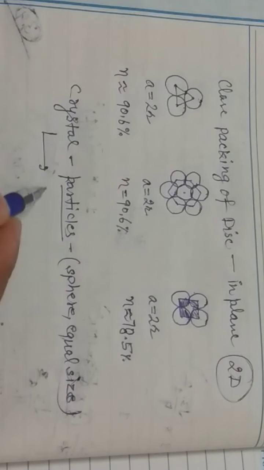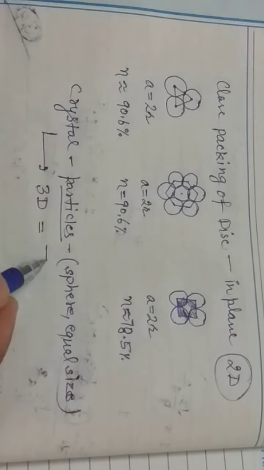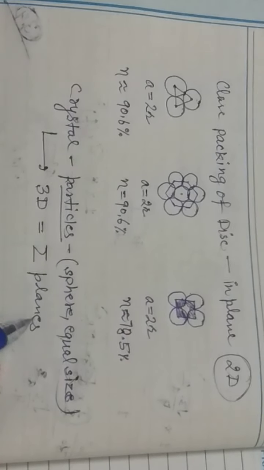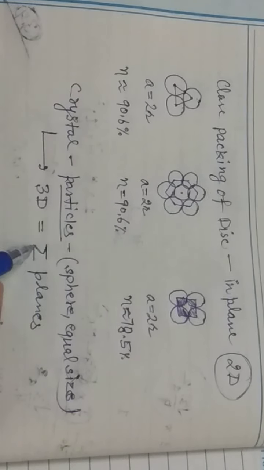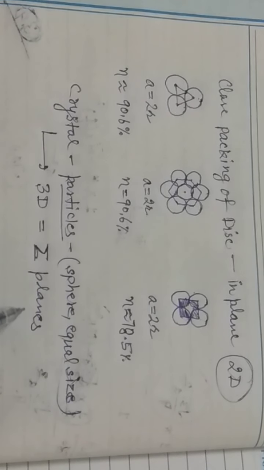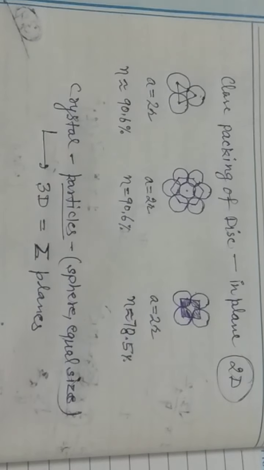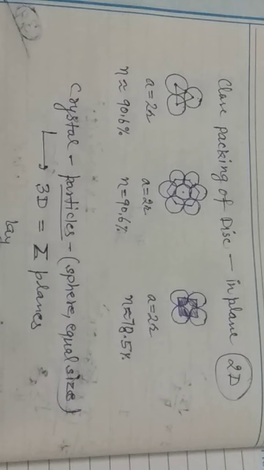So this is a three-dimensional structure and this is a combination, I will write summation of planes. This is a combination of planes, one plane above another.